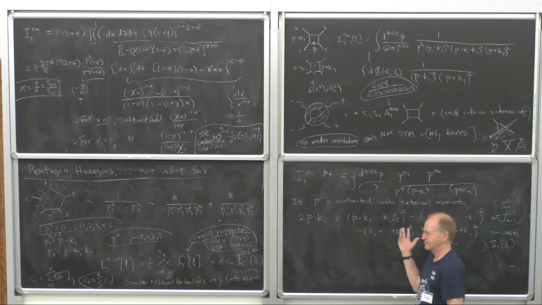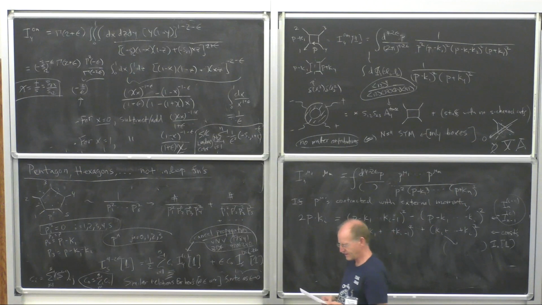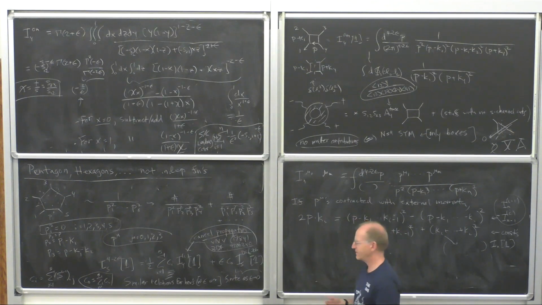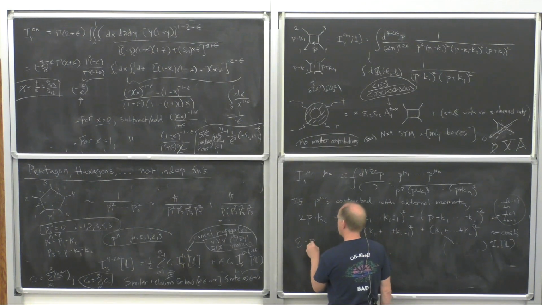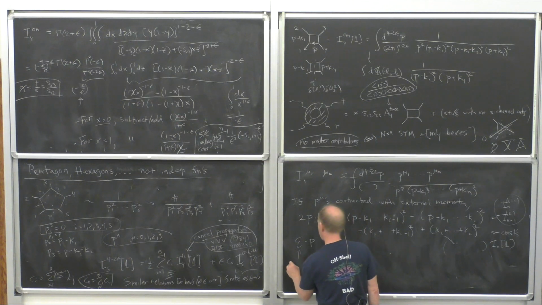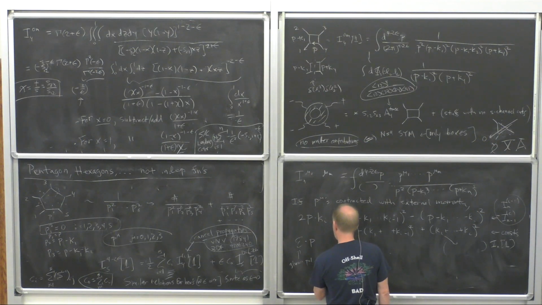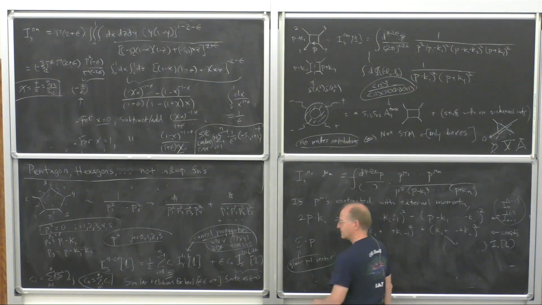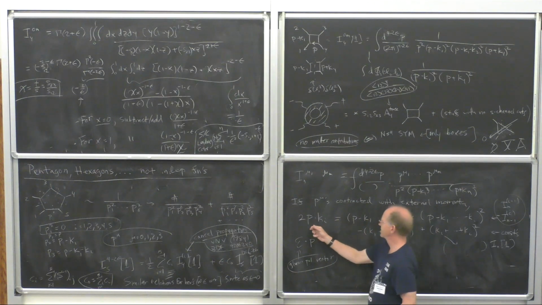So this tensor reduction is easy, but you're not always that lucky. For example, you might have a polarization vector for a gluon. Or you might have two powers of this.